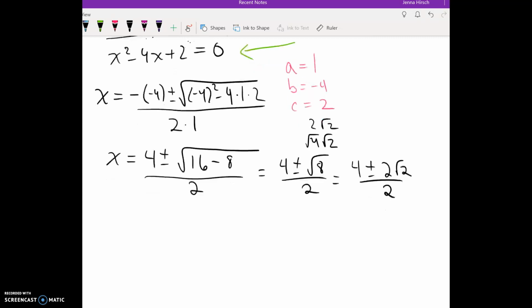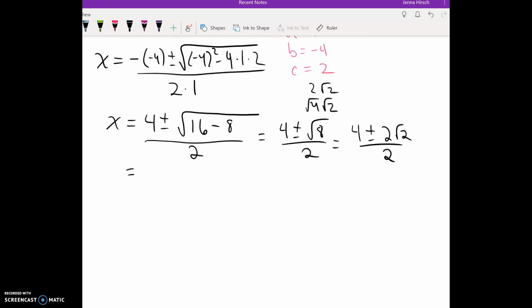And we can simplify it one step further by dividing both the numerator and denominator by the 2. So x is the same thing as saying 4 divided by 2 plus or minus 2 square root of 2 over 2. Notice that 4 divided by 2 is the same thing as saying 2, and that these 2's cancel. So we end up with our solutions as being 2 plus or minus the square root of 2.